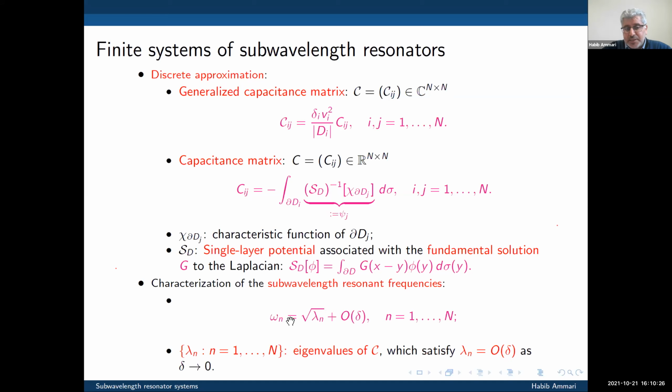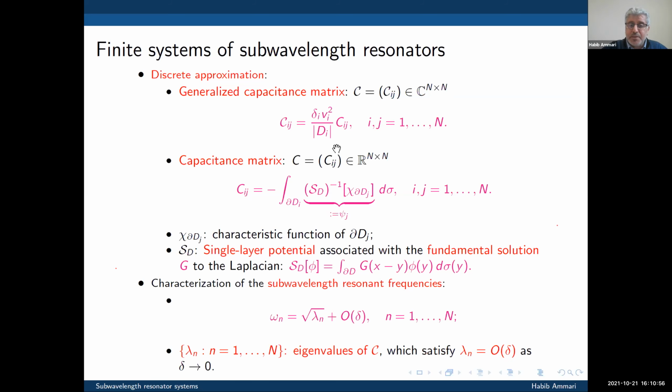And as you can see here, the resonant frequencies have to be complex because of this radiation effect, because of the Sommerfeld radiation condition, if you like. Nevertheless, their real part is of order square root of delta, while their imaginary part is at most of order delta. Okay. So we approximated the resonant frequencies using the eigenvalues of this capacitance matrix, which is a discrete approximation of our PDE problem.